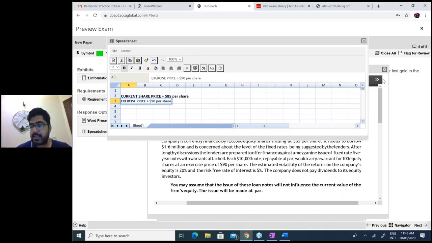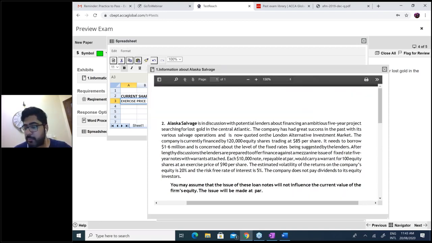Now, the question states there is a company, Alaska Salvage. It's in discussion with potential lenders about financing an ambitious 5-year project searching for lost gold in the Central Atlantic. The company has had great success in the past with its various salvage operations and is now quoted on the London alternative investment market. The company is currently financed by 120,000 equity shares trading at $85 per share. So the current share price is $85 per share.